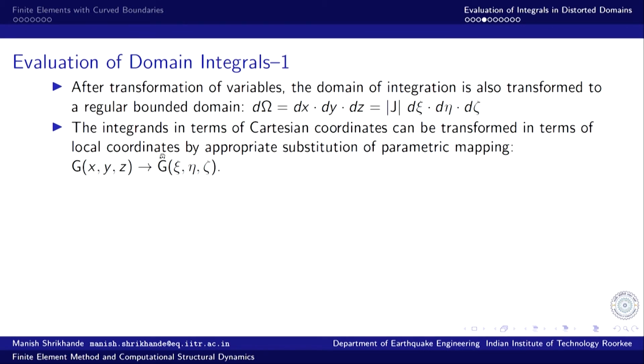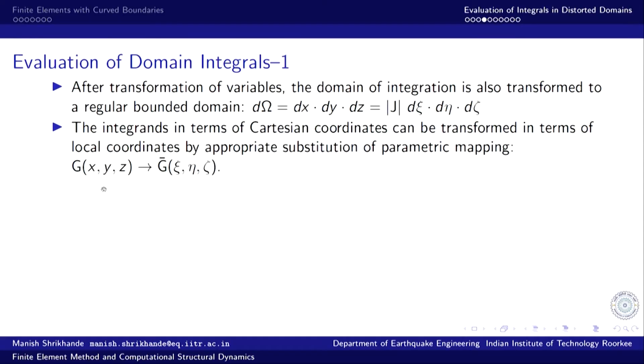by appropriate substitution of the parametric mapping. If there are terms involving x, we can substitute x equal to sigma N_i x_i, and if there are terms involving derivatives of x, y and z, then they can be substituted with appropriate derivatives with respect to xi, eta and zeta using the transformation.